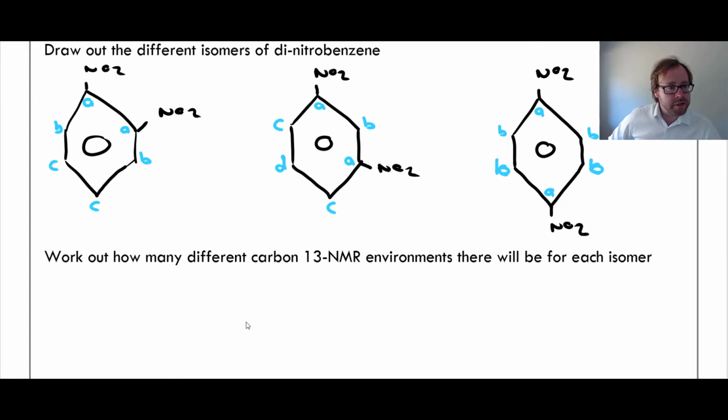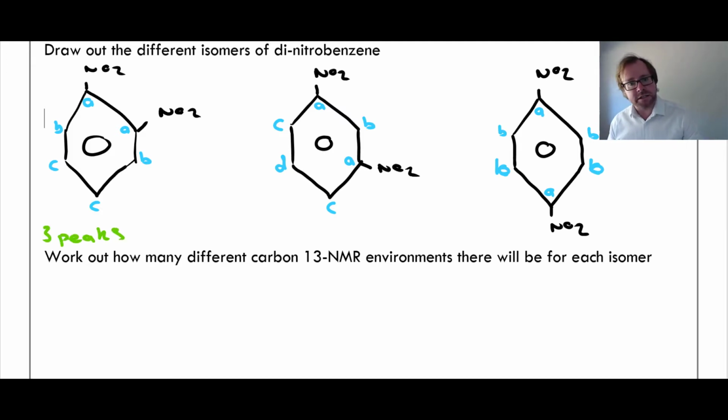So my first isomer, my A's are going to be equivalent, my B's are going to be equivalent, and my C's are going to be equivalent. Therefore, there are going to be 3 different carbon environments. So this is the same as saying 3 peaks.